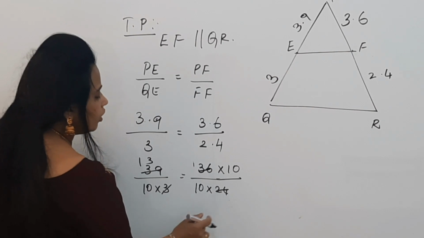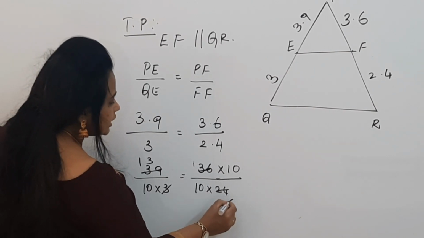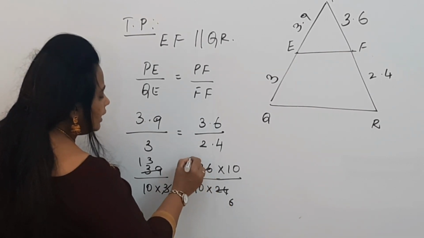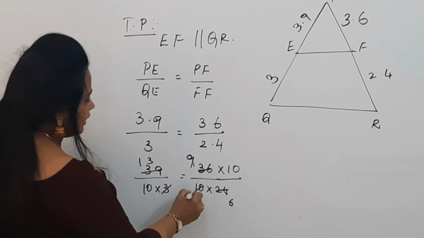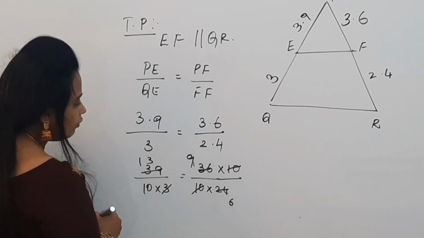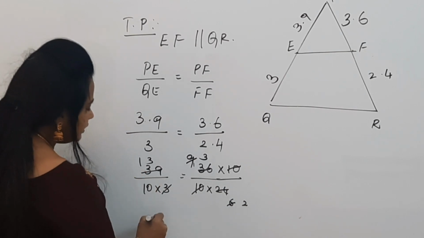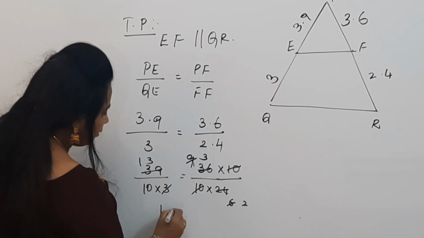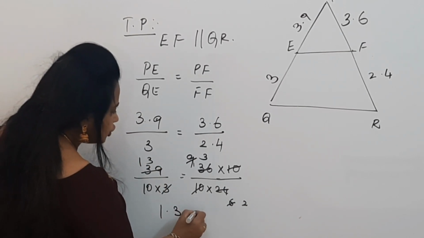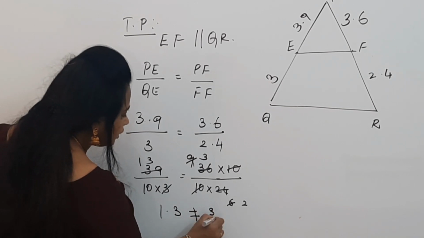So, I get it for 4. So 6 4s are 24 and 9 4s are 36. 10 and 10 get cancelled. So now you can see 3 3s are 9 and 2 3s are 6. This side becomes 1.3, which is not equal to 3 by 2.